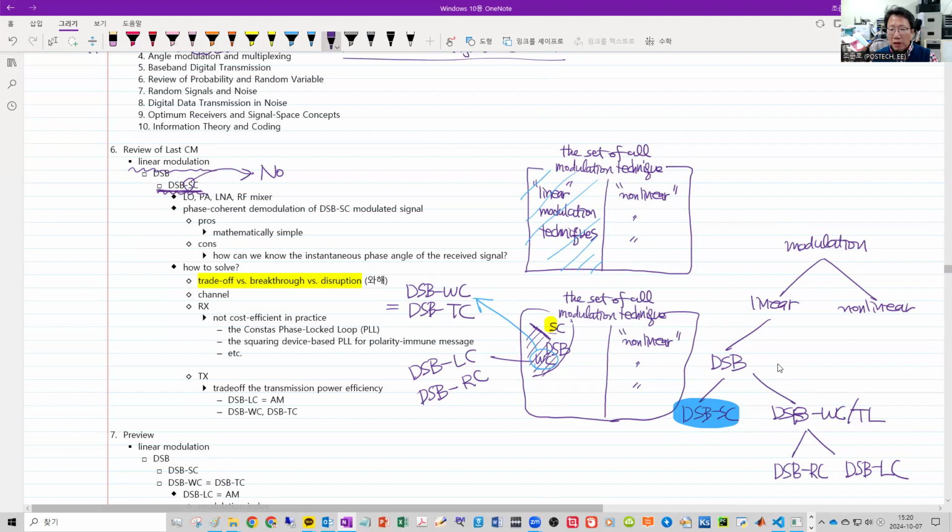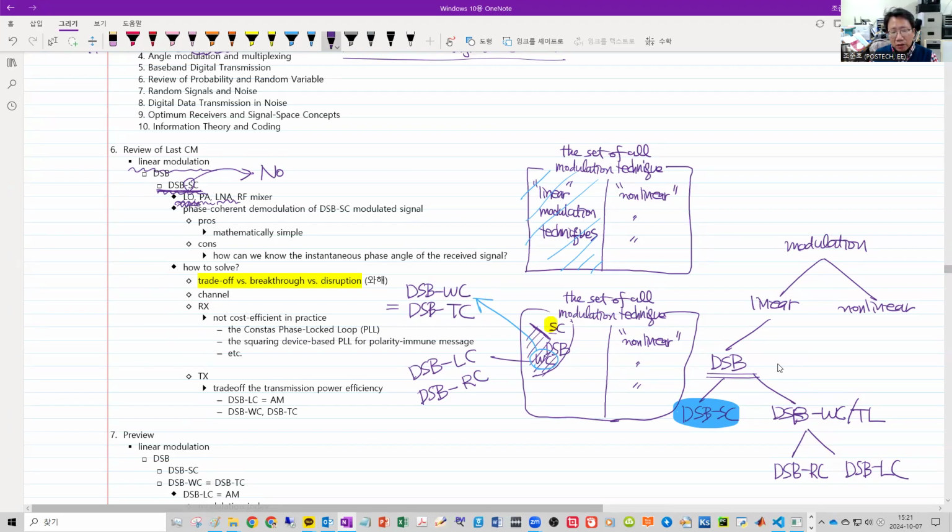Double sideband suppressed carrier contains most of the important elements of double sideband modulation, because we've seen why we need a power amplifier in the transmitter, why we need low noise amplifiers in the receiver, why we need in the transmitter a local oscillator that generates the carrier signal, and why we may need another local oscillator in the receiver to generate the demodulation carrier.